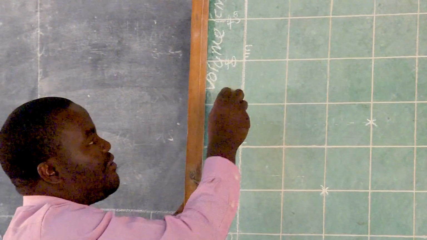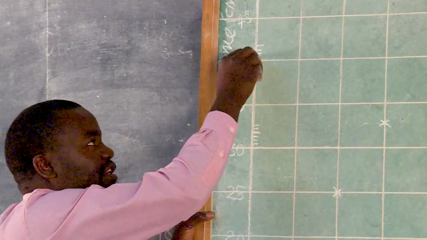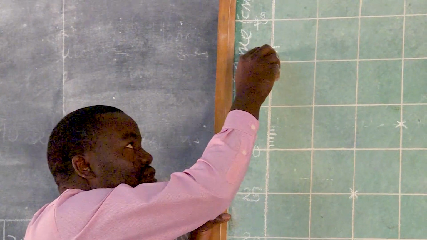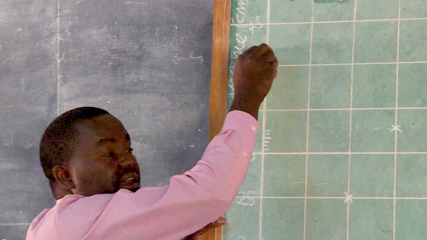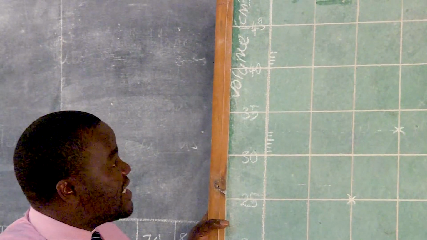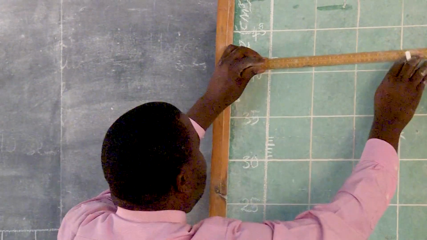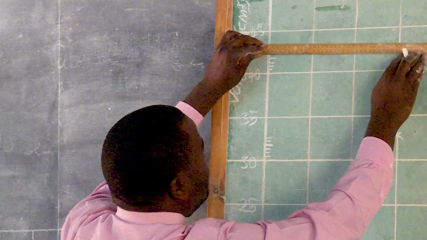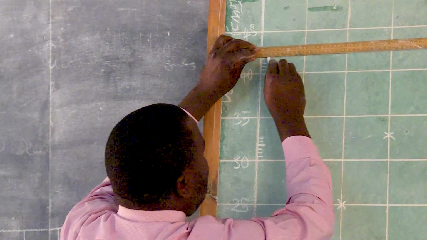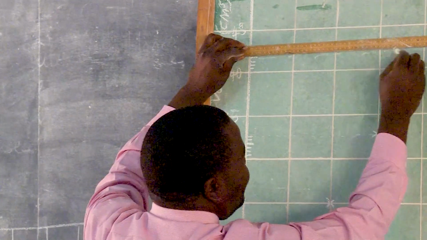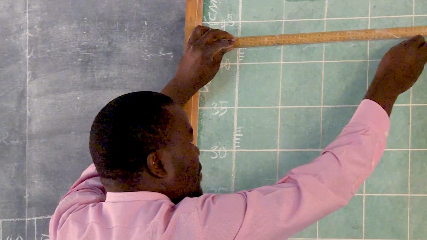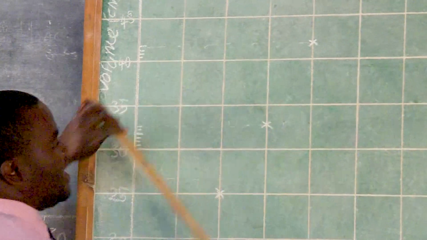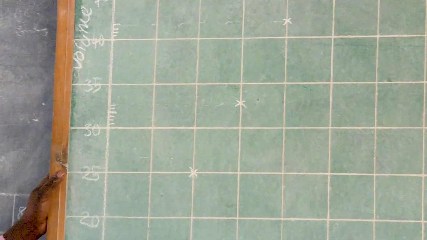We count 4 of them. This is 40.5, 41, 41.5, 42. Are we together? So from there, again, we extrapolate a dotted line. Our 40 is there, along this line. So here, where these two are meeting, that is where our coordinate is.